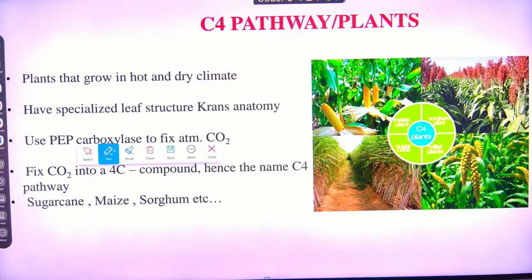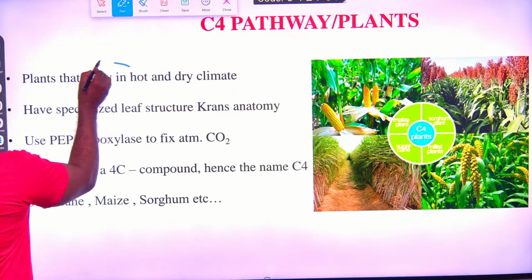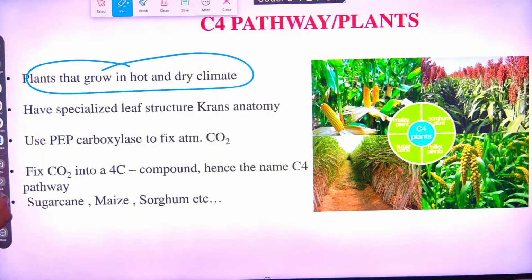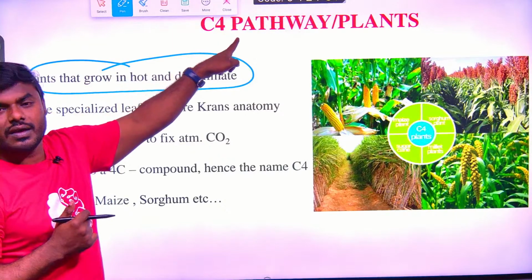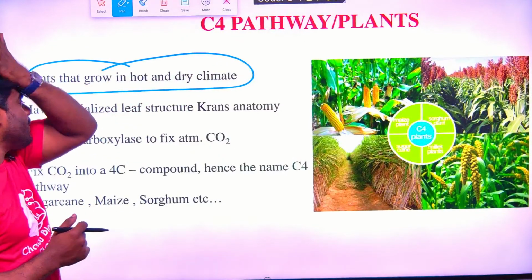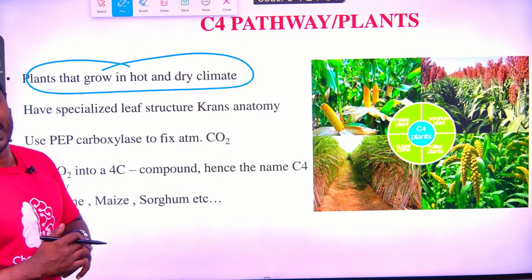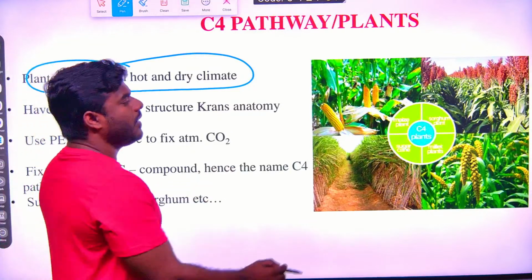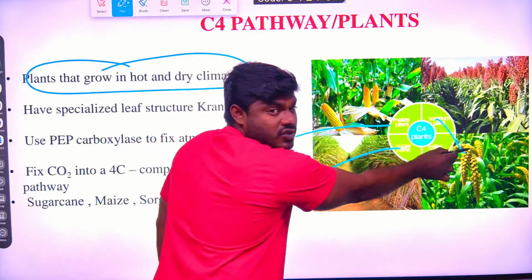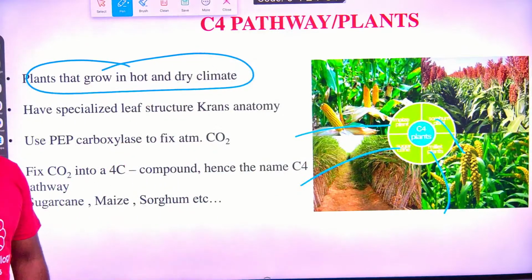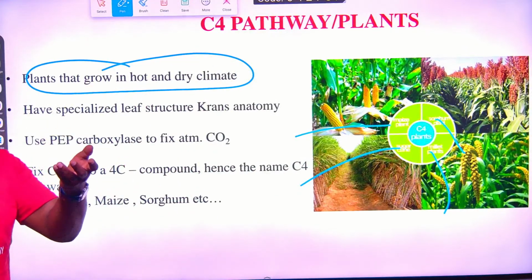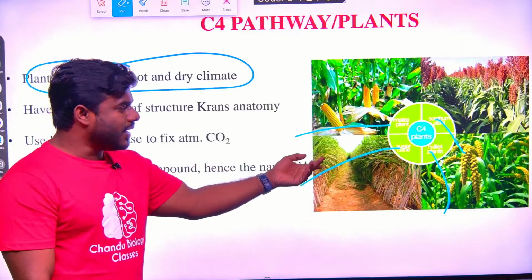As I said to all of you, only plants that grow in hot and dry climates follow the C4 pathway. All angiosperms. The standard examples are maize, sugarcane, sorghum and millet. I encourage you to remember a few more examples, but these 4 are the standard examples they ask in the exam.